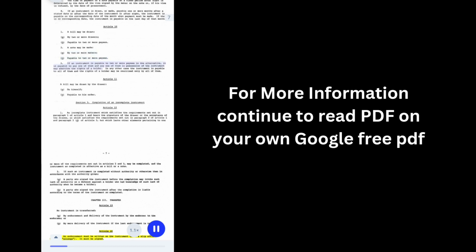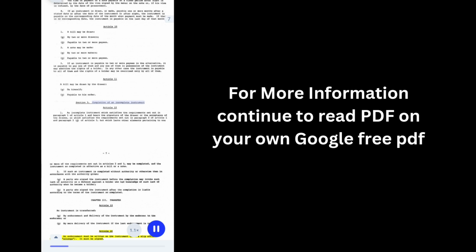If an instrument is payable to two or more payees in the alternative, it is payable to any one of them and any one of them in possession of the instrument may exercise the rights of a holder. In any other case the instrument is payable to all of them and the rights of a holder may be exercised only by all of them. Article 11. A bill may be drawn by the drawer on himself, payable to his order.